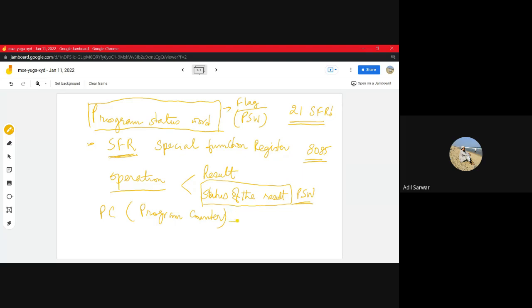This program status word was an 8-bit register, while the program counter and DPTR, the data pointer, are also SFRs and they are 16-bit registers.